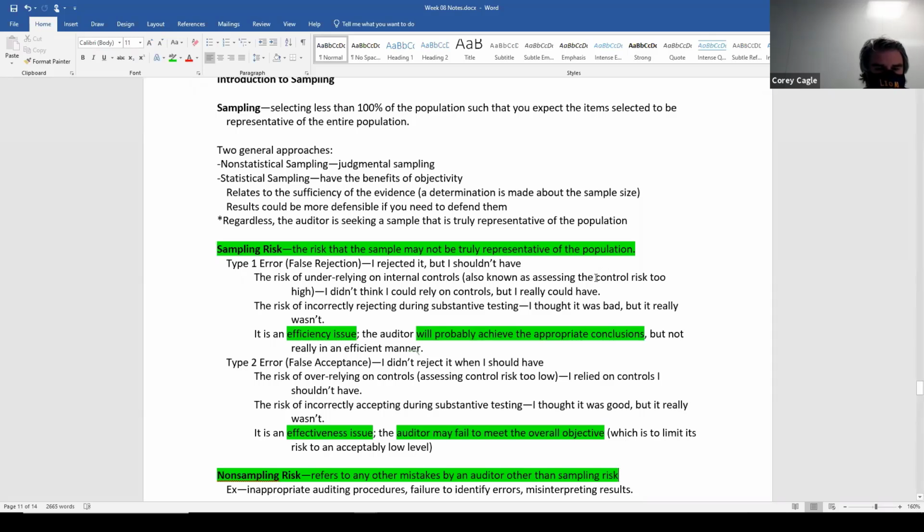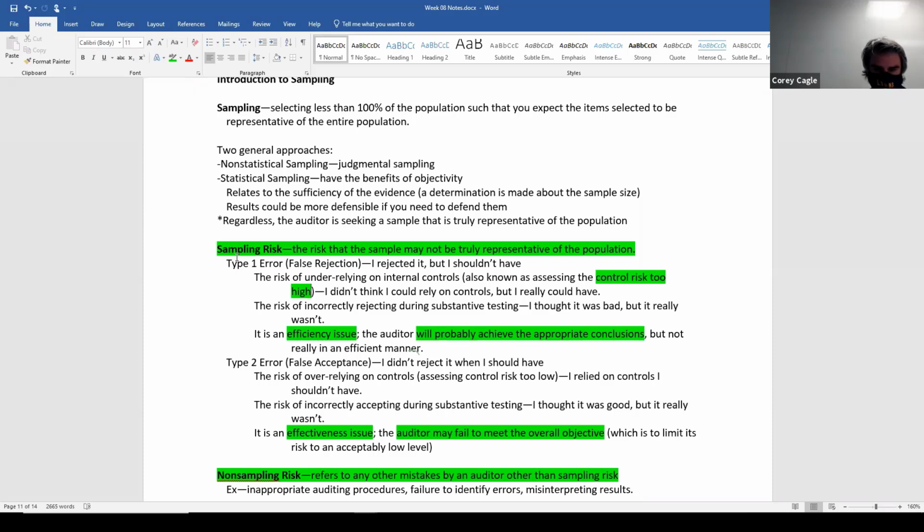So another way of saying that as far as control risk goes is we've assessed control risk as too high, higher than it should have been. That kind of language comes up in some of the test questions too regarding this type of error.